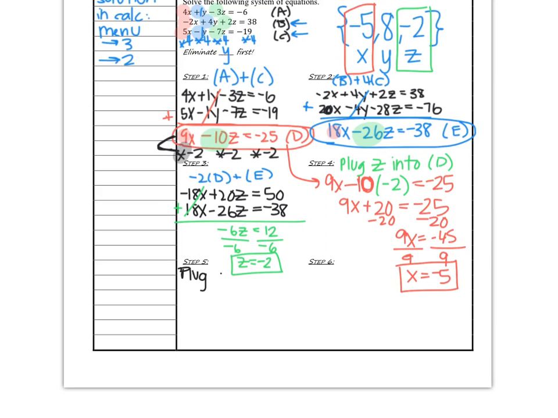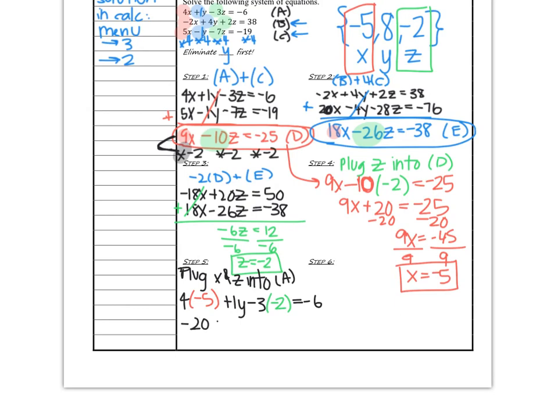Plug x and z into, wow, this is not writing every time I try to write, into, I'm going to do equation A. All right, so we've got that 4 times the x value, which we found was negative 5, plus 1y, we still don't know y, and then minus 3 times the z value, which is negative 2, equals negative 6.